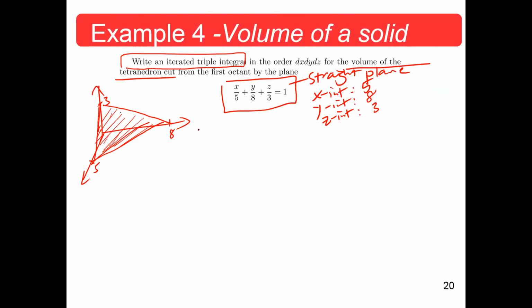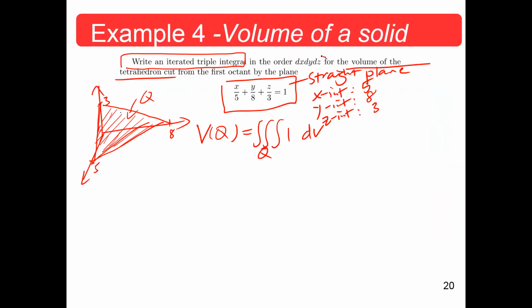So we're just going to set up this triple integral. The volume of this Q will be the triple integral of 1 dV over Q, right? Now, we've seen cases where dV could be expressed as dz, dy, dx.